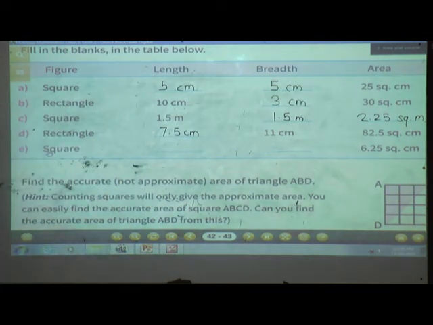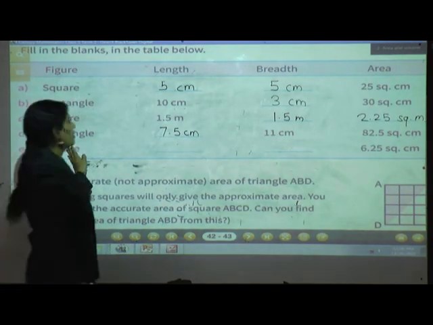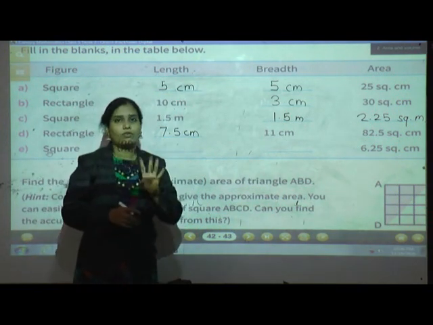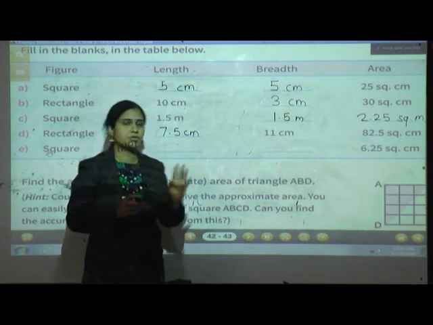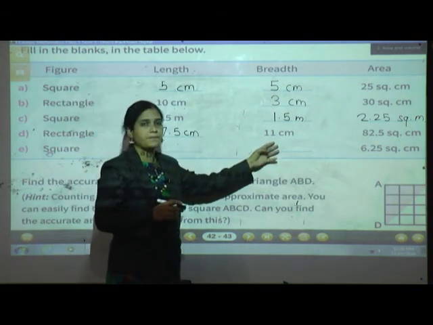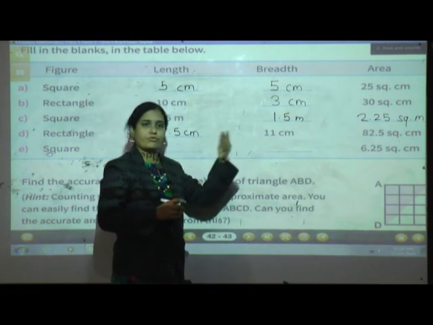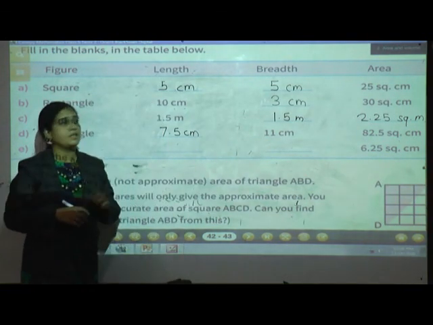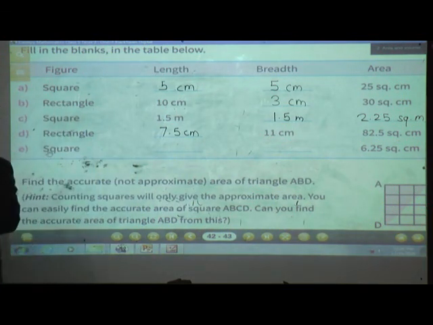Again for square, all four sides of a square are equal. So here the answer will be the same numbers. So find it students, and in this way we have solved mathematics A and B.